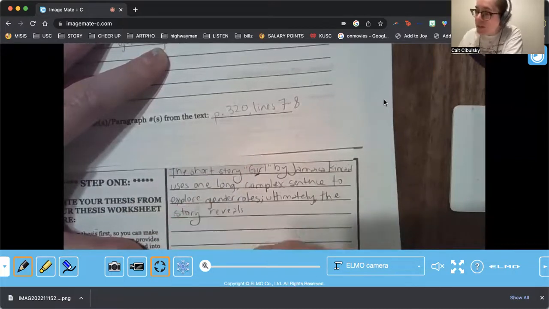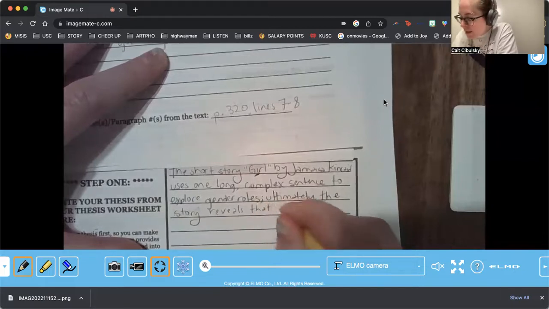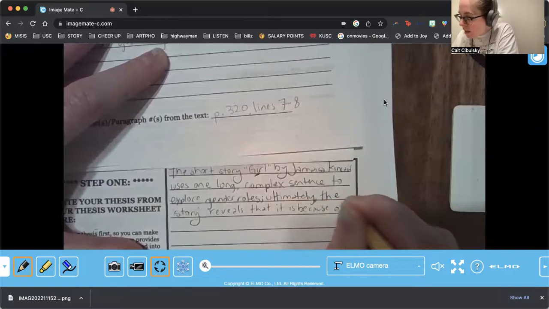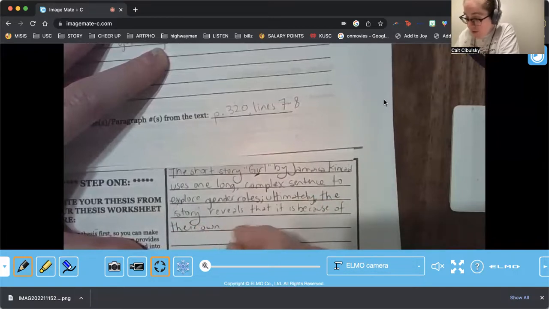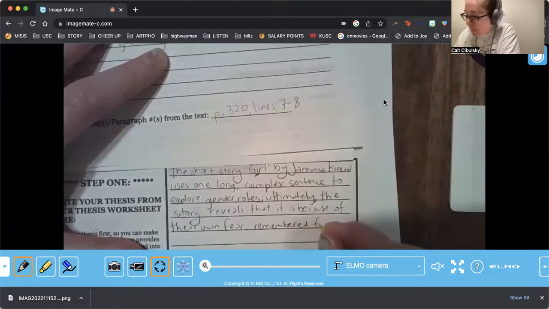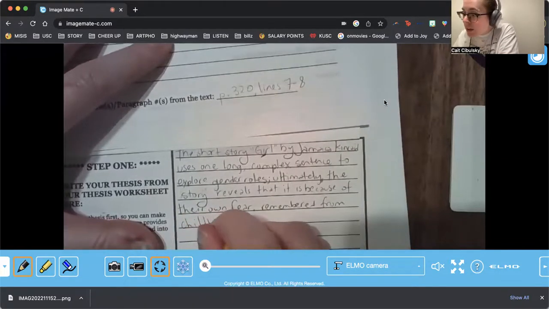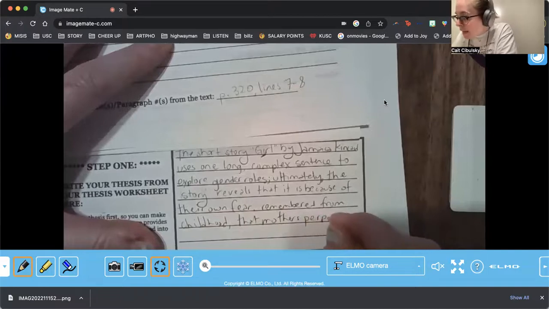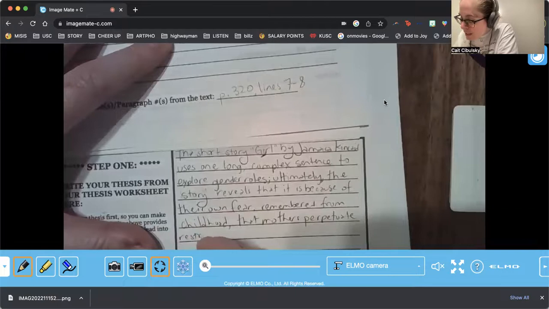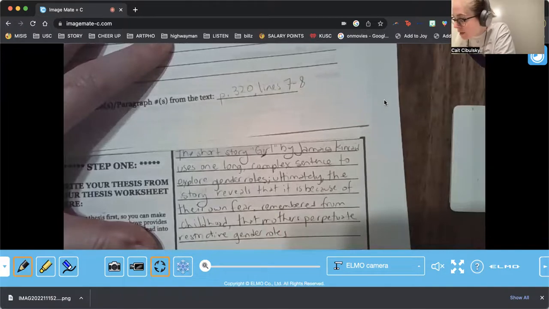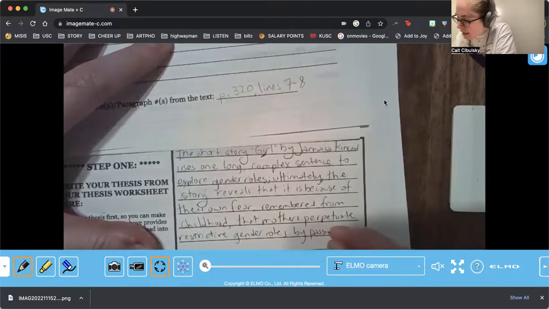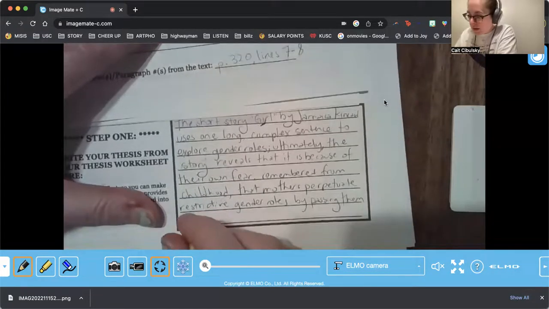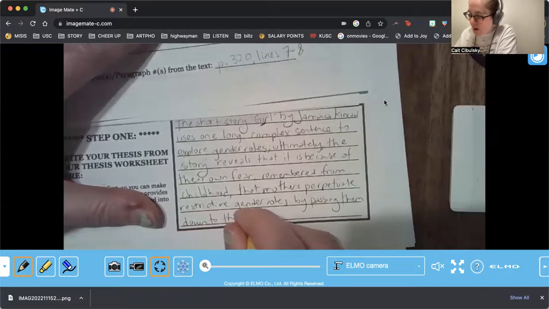Ultimately, the story reveals that it is because of their own fear remembered from childhood that mothers perpetuate restrictive gender roles by passing them down to their daughters.